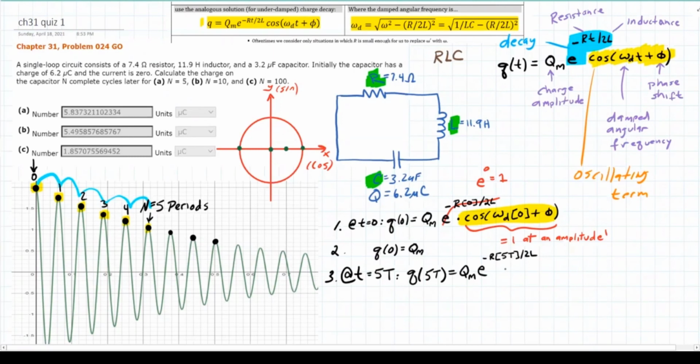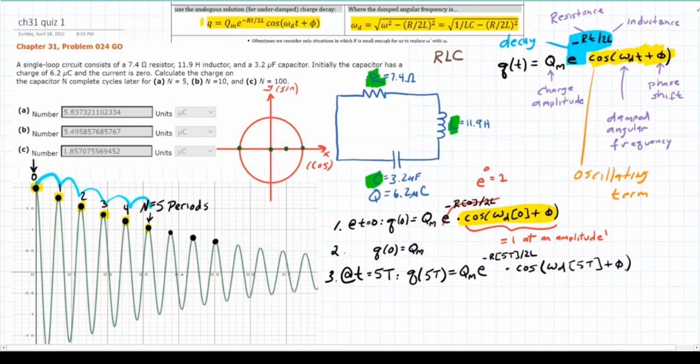So that's not low-hanging fruit. Here's my cosine term. The cosine term, again, handles the bouncy behavior, the oscillation behavior. Cosine of omega d times time 5T plus the phase shift.